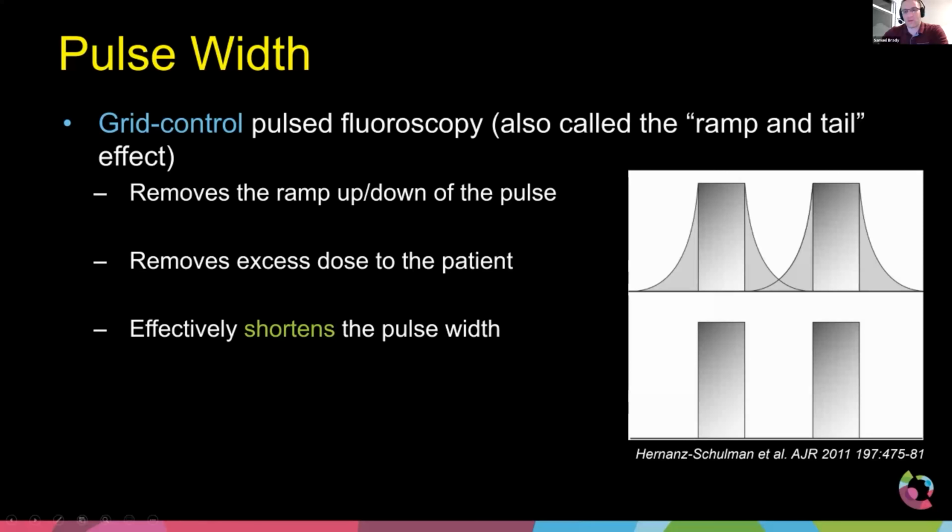What does that mean? Well, for every pulse that we acquire, there's usually a ramp up to get the right amount of temperature on the cathode before the electrons will boil off, accelerate until they hit the target or the anode in the X-ray tube, and then they create the X-rays that come out.